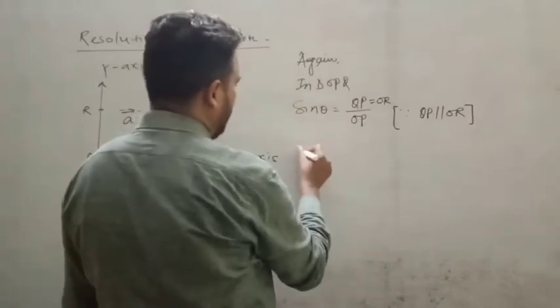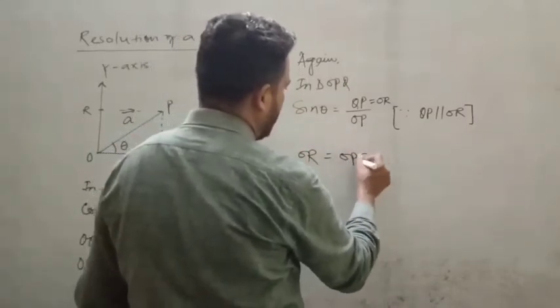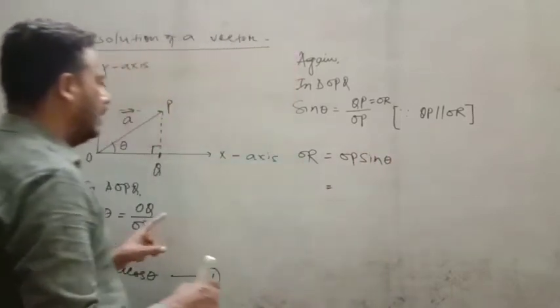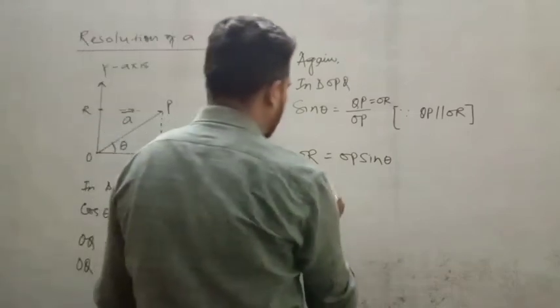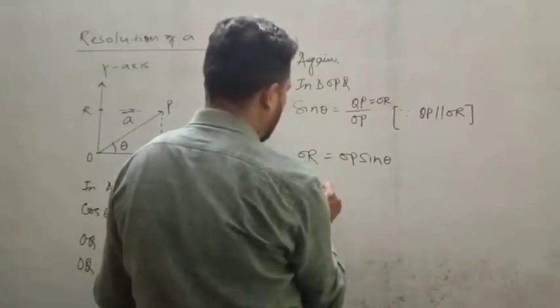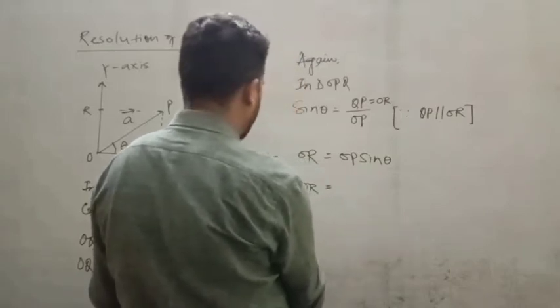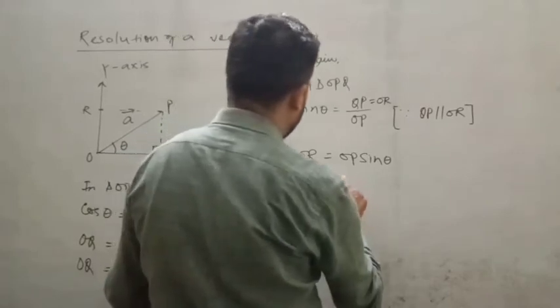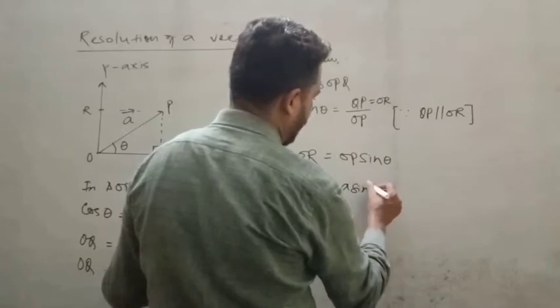Then from here, how much is OR? OR is OP sin theta, and the magnitude of OP is again the magnitude of vector A, which is A. So your OR or QP, because both are parallel, both are equal. So this one is A sin theta.